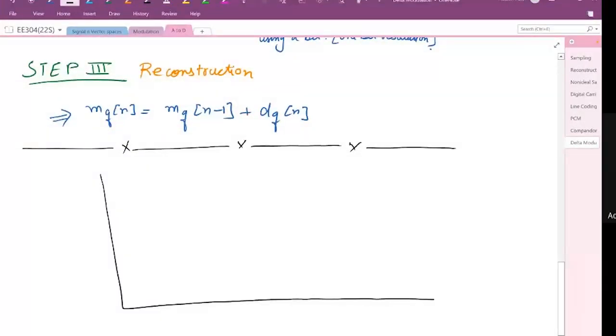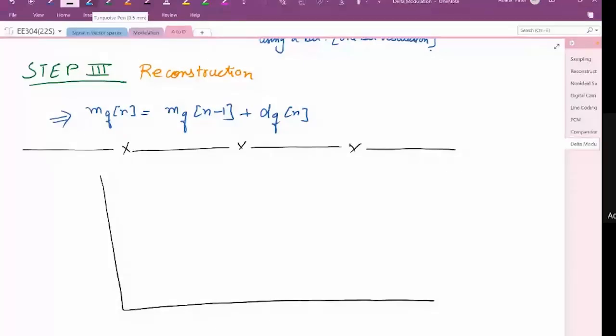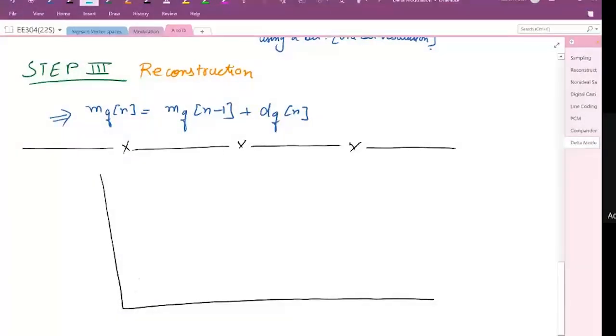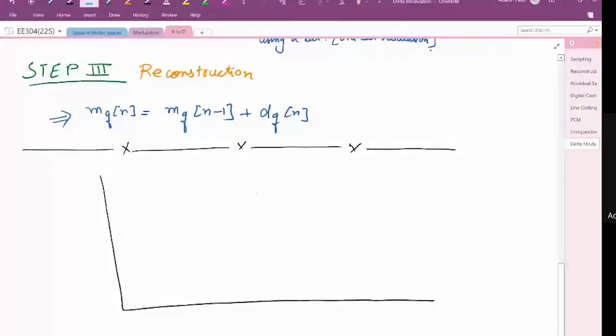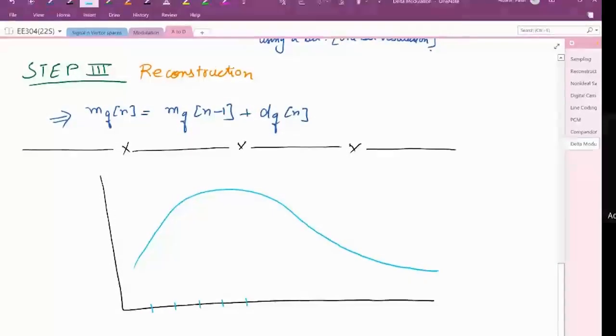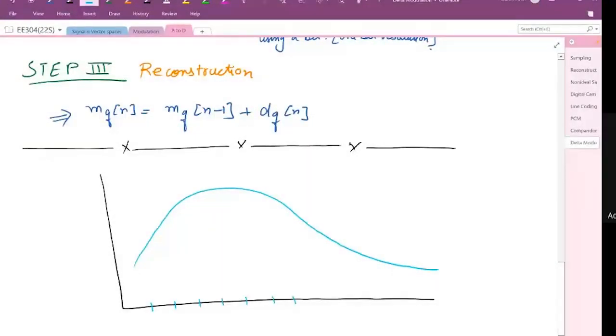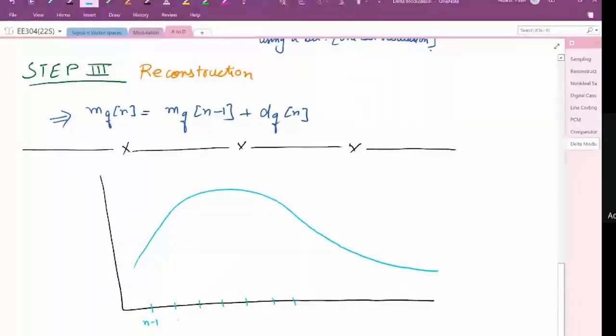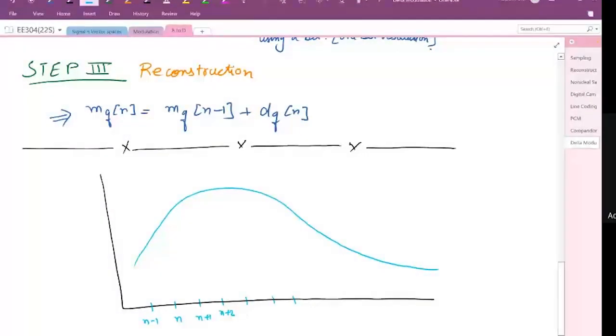Let us say the signal goes like this, and we have intervals n minus 1, n, n plus 1, n plus 2, and so on.